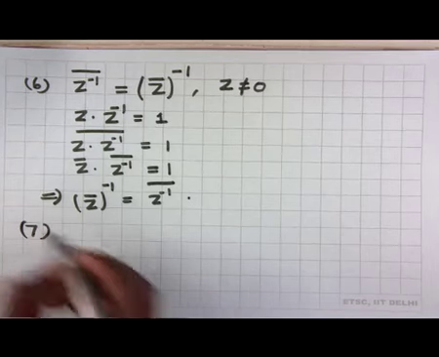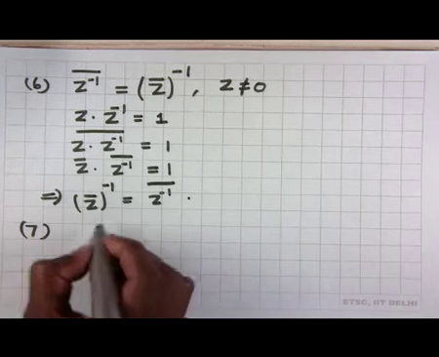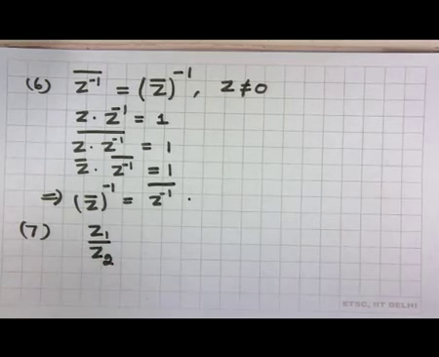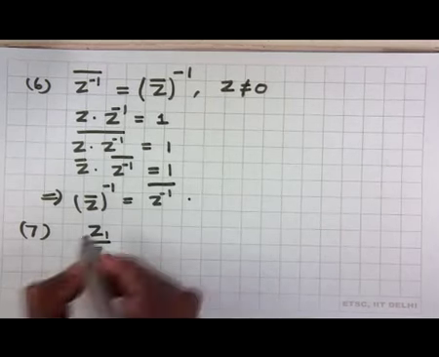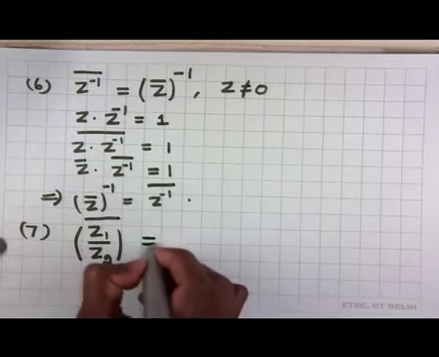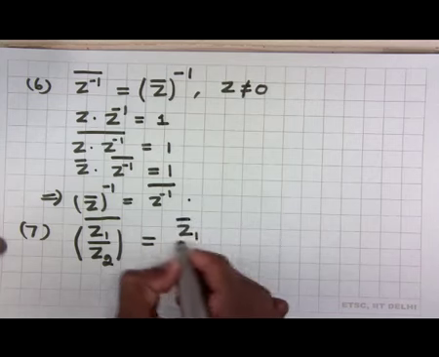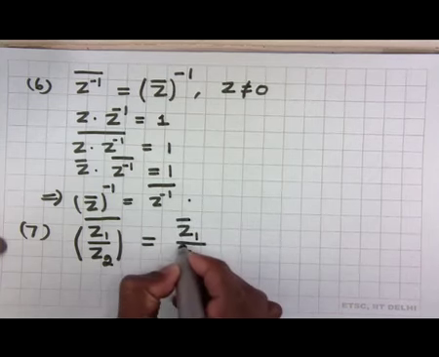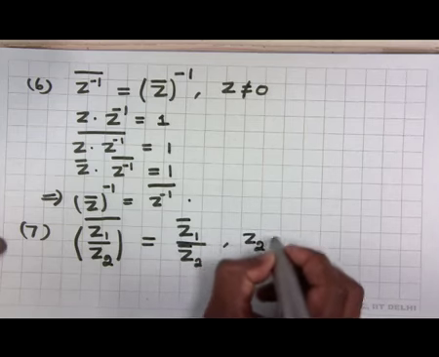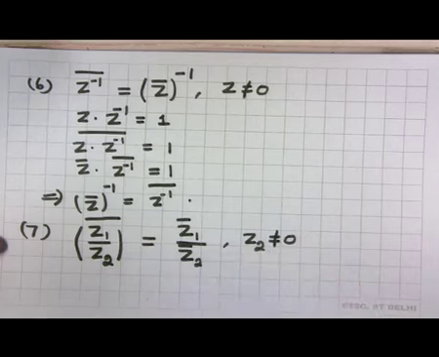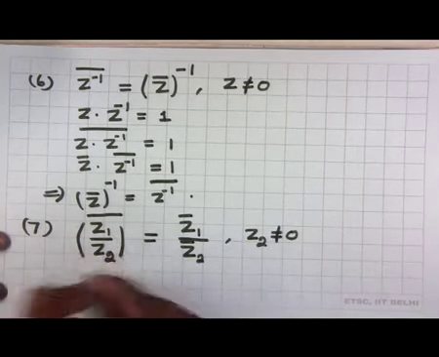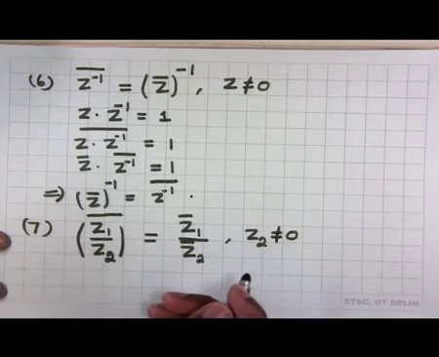The seventh property, which is, you consider Z1 by Z2, take its conjugation, this will be same as Z1 bar divided by Z2 bar. Again, to make division make sense, we need to assume that Z2 is non-zero. So, this relation again follows from the above one.